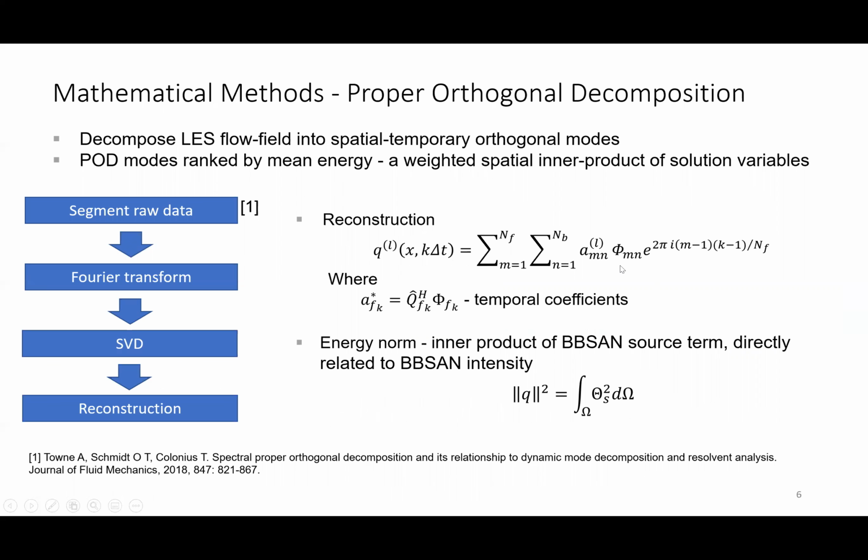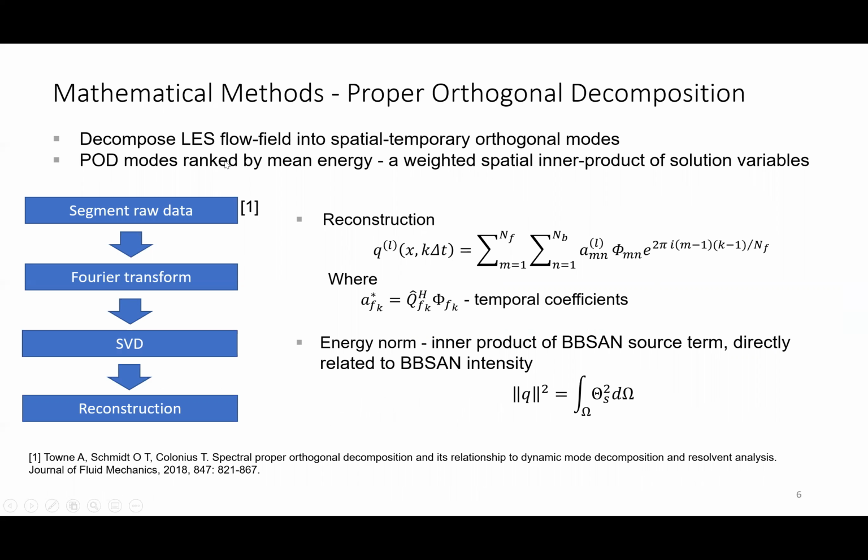Proper orthogonal decomposition was introduced by Lumley to the field of fluid dynamics. The POD extracts modes from the flow field ranked by energy, where the energy is defined by a norm, which is a weighted inner product of flow field variables.